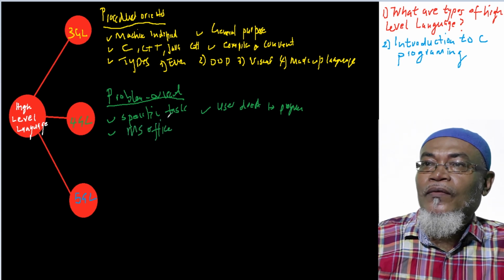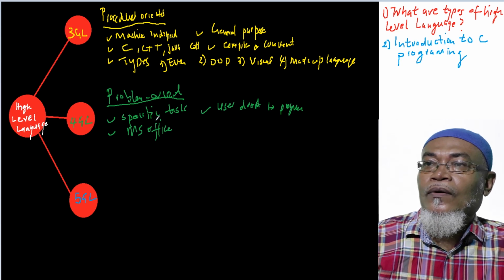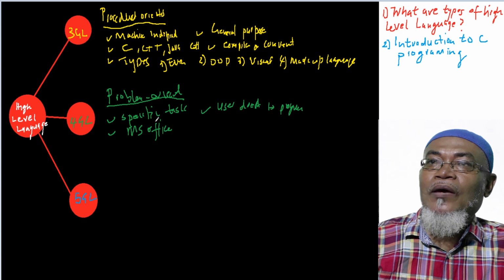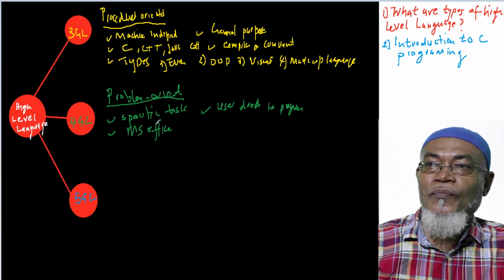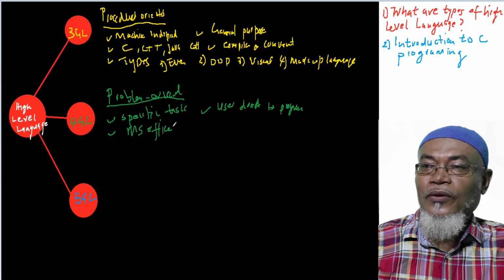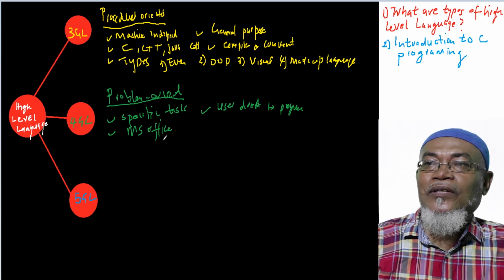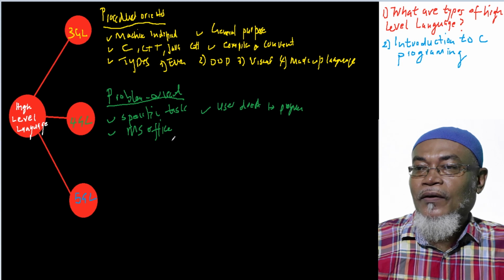For example, if you take MS Office, or say MS Word, and you want to print a document, you don't have to write a whole program on how to print a document. You just go to a particular button or menu and click print, and in that command, all the code is already pre-programmed.